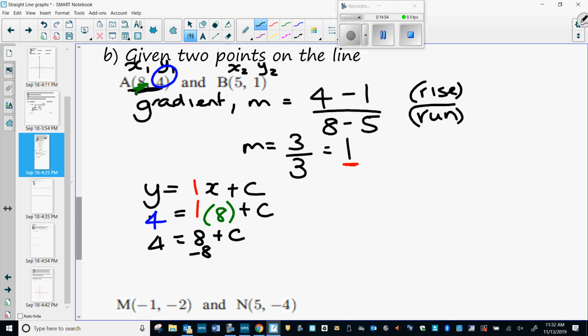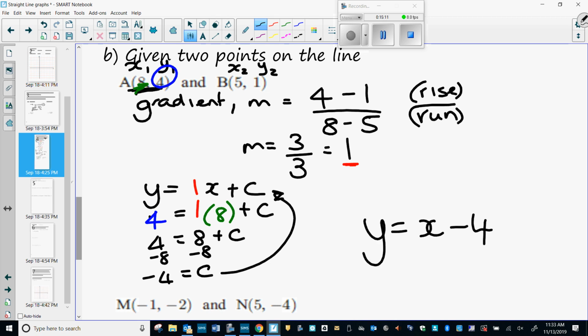Subtract 8 from both sides, so we get negative 4 is equal to c. So where does that negative 4 go? Back up to here, yep. y equals, so our final answer is y is equal to x subtract 4. And that's especially going back to the fact that we don't write ones in front of the x.